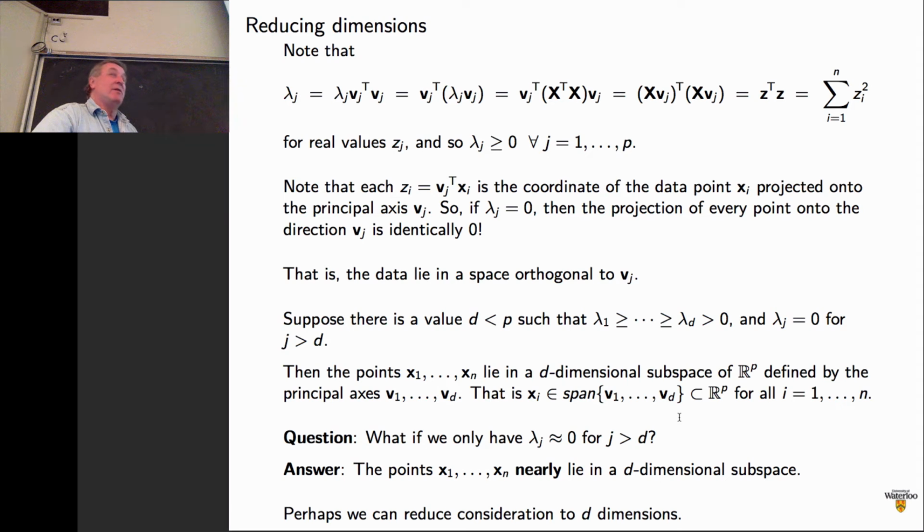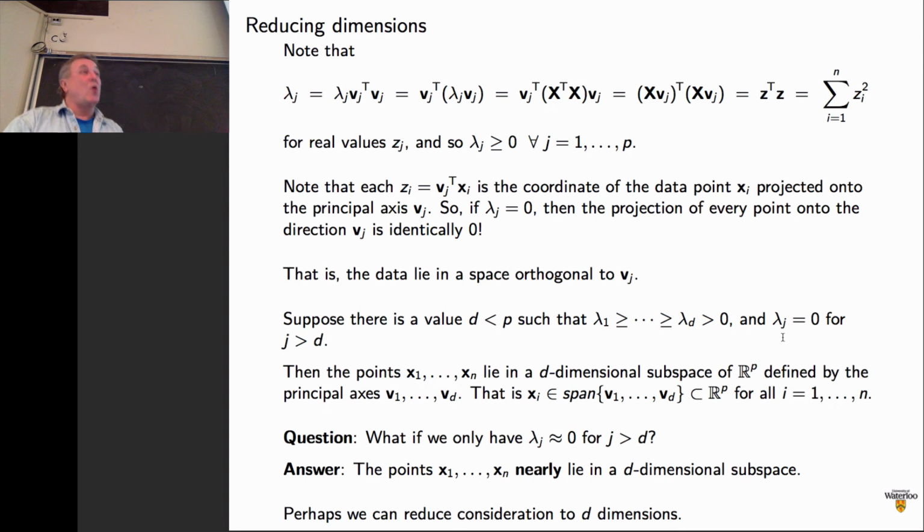So the next step is, suppose they're not 0, but they're really tiny. The data still occupy the full p-dimensional space, but they're really close to a d-dimensional subspace. So they're nearly in there.